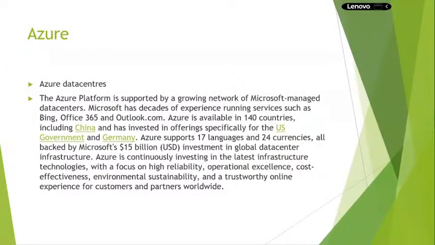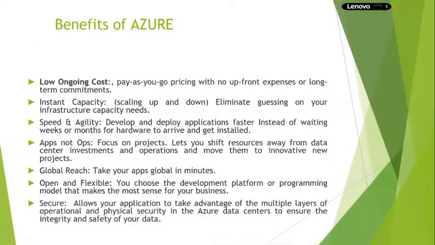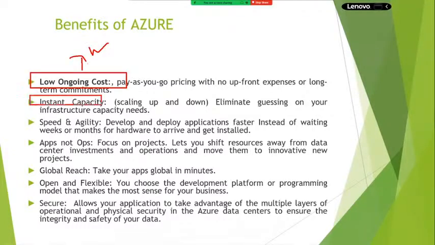Next, why should we go for Azure? Why not AWS? Just now I gave a few points, reminding all. It is low cost: compared to AWS, Azure costs less. Next, instant capacity, meaning I can increase or downgrade the size of a VM or the configuration of app services every time, anytime, anywhere.